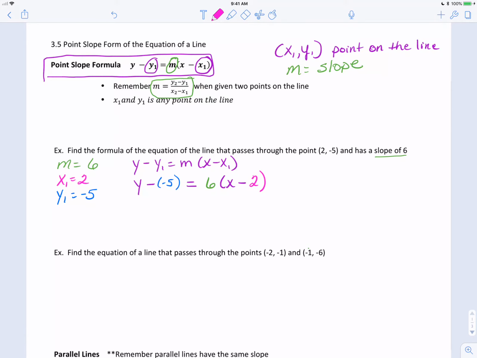Now let's simplify. y minus -5 means y plus 5. That's equal to, and be sure to distribute to both terms inside the parentheses, 6x minus 6 times 2, which is 12.